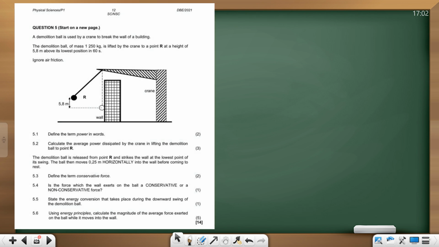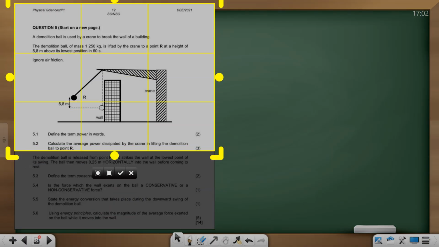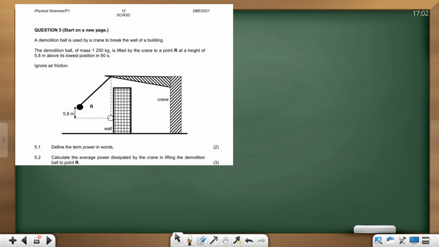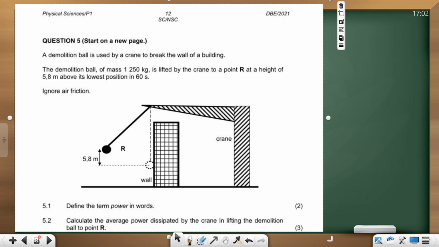Remember, guys, it's not about a question, it's about the principle that we're applying to the questions. Hence, when I look at a question, I also mention things that are not in the question and just play around with them. Just want to make it bigger so I can annotate on this. All right, that's 5.2.